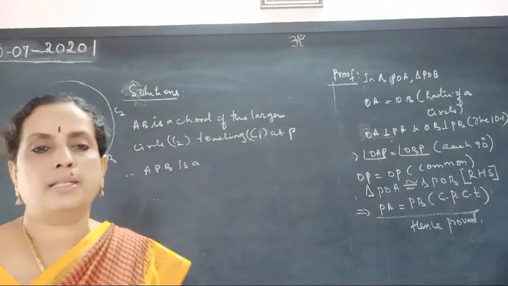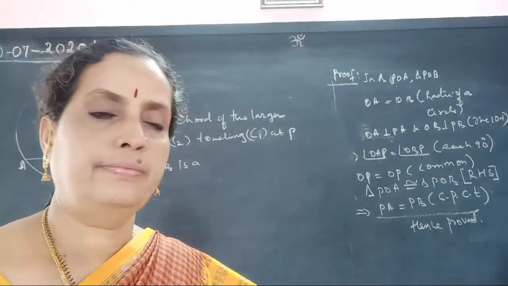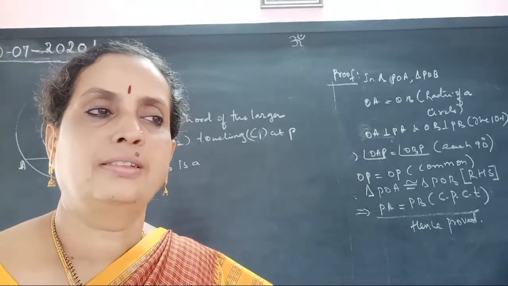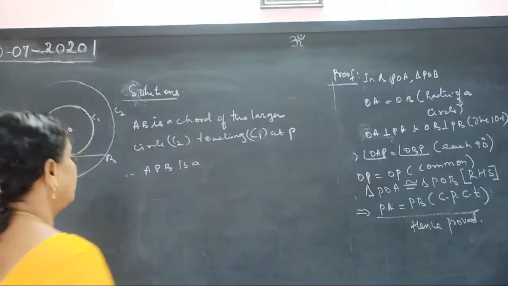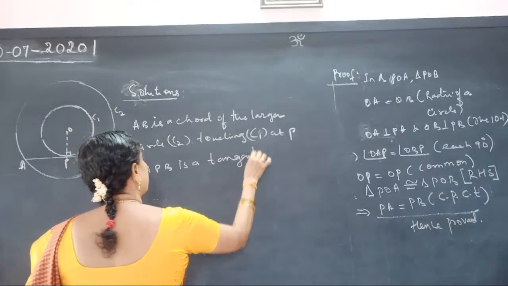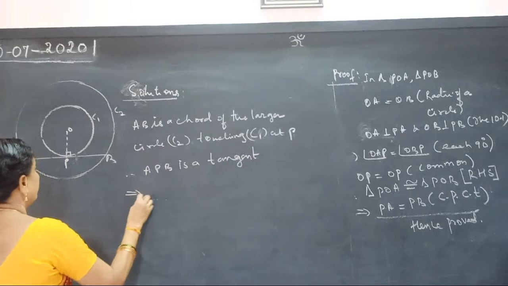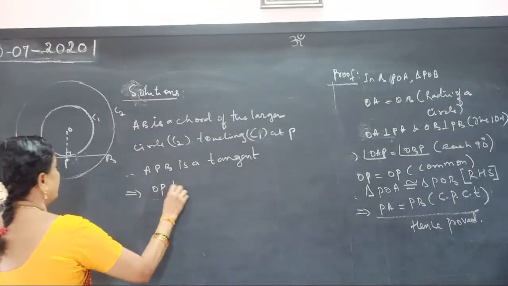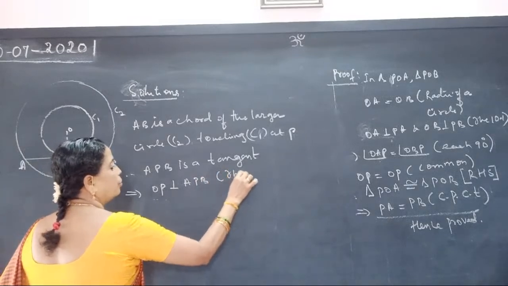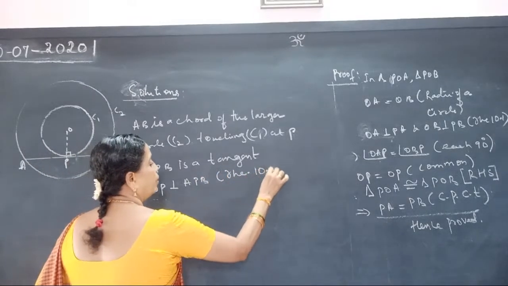Come on, tell me. APB is a tangent. When it is a tangent, we consider OP is perpendicular to APB according to theorem 10.1.